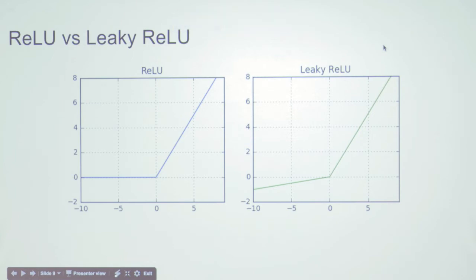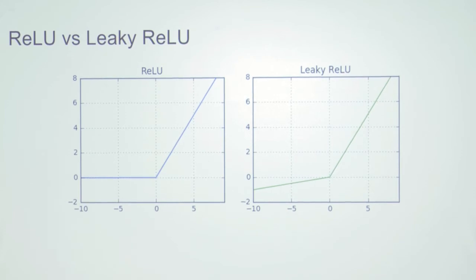If for whatever reason your random initialization of your weights caused the output of that ReLU function to always be negative, then, since gradient descent works by calculating the gradient, and the gradient is 0 on the left side, it's going to get stuck on the left side. If your output is on the right side, it can look at the gradient and know whether to go up or down. So that's one of the reasons that ReLU could die.